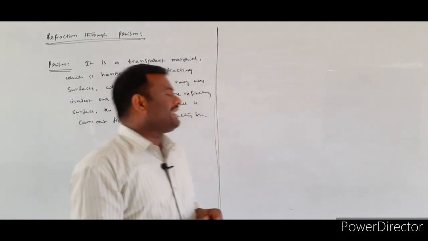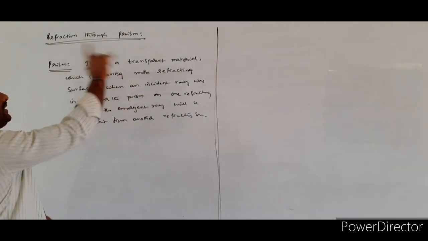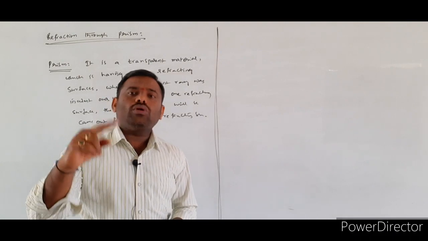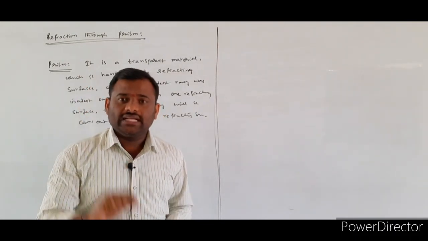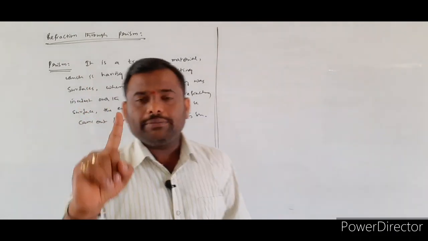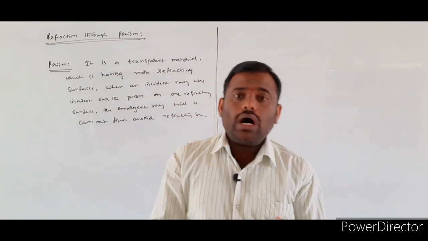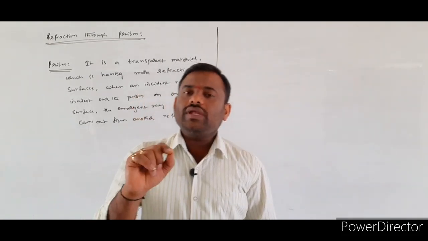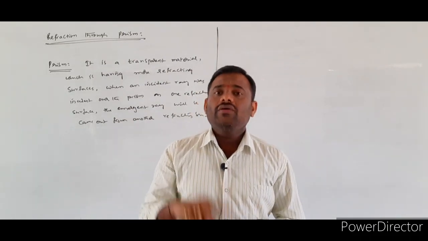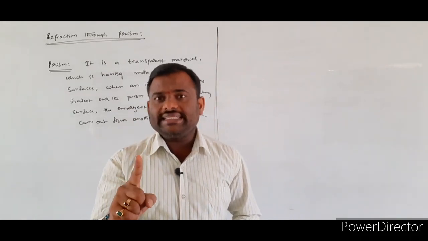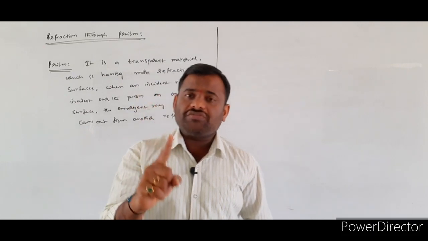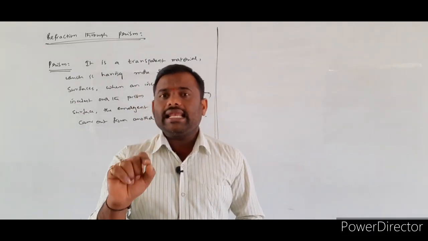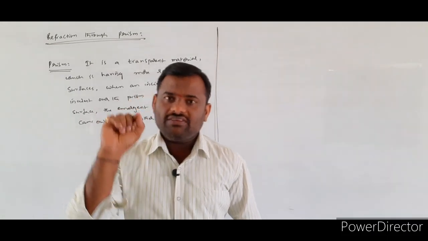Such a material is called a prism. Remember this point: the prism may have two or more refracting surfaces. But usually we consider prisms which have two refracting surfaces and one base. Through the base the light should not be refracted.